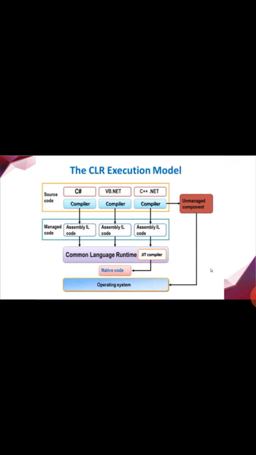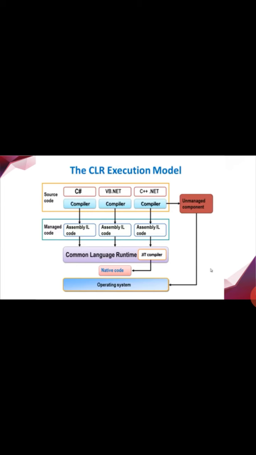The next step is to pass it to the CLR during execution. Now the CLR has another compiler, known as the JIT compiler, that is the Just-In-Time compiler. The JIT compiler is the main piece of the CLR infrastructure.